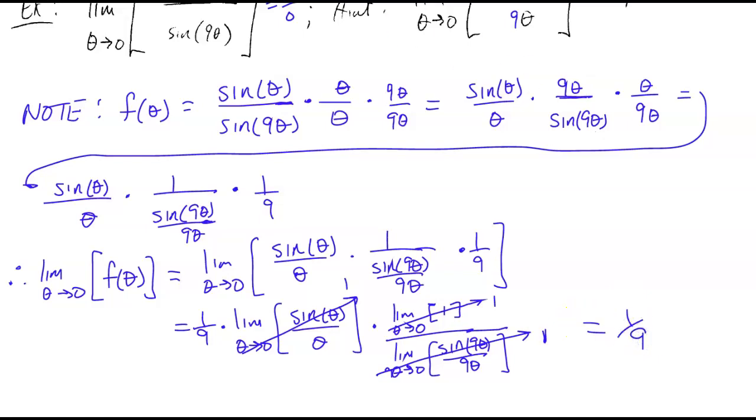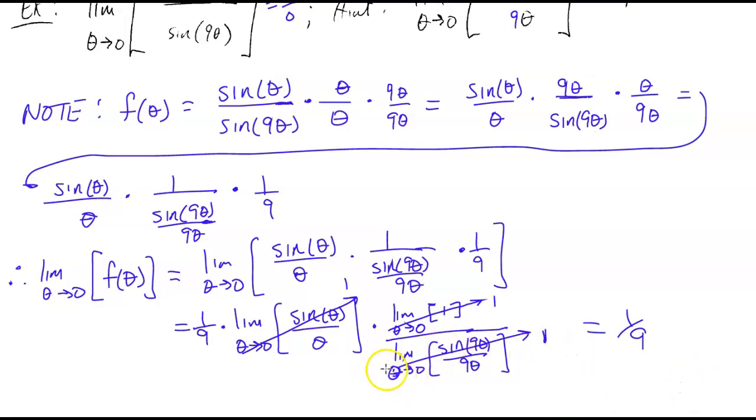Okay. And let me clarify. Whenever I say that this could be 9 theta, you could really leave it as just theta. It'll still end up being the same thing here. But just know that whatever 9 theta does, theta does as well.